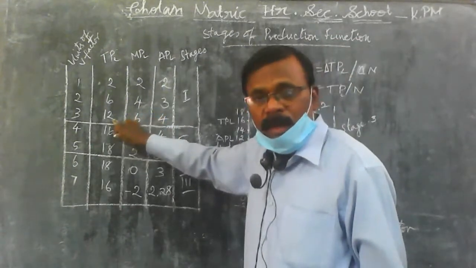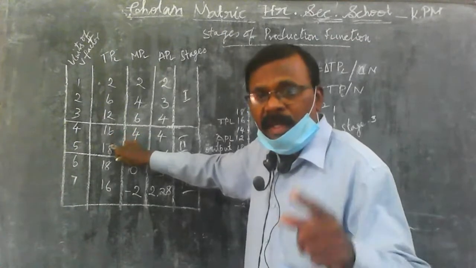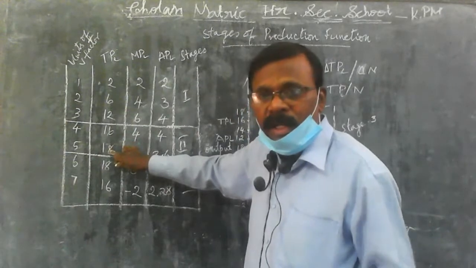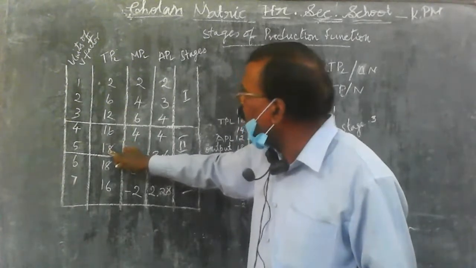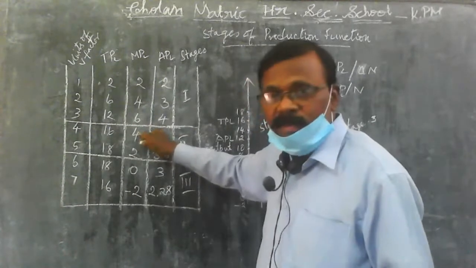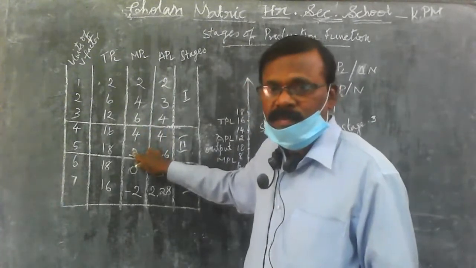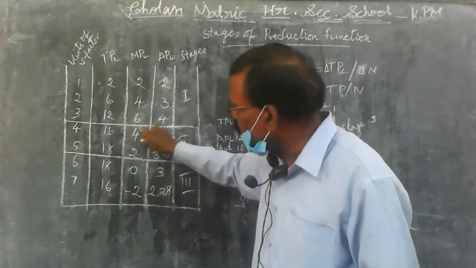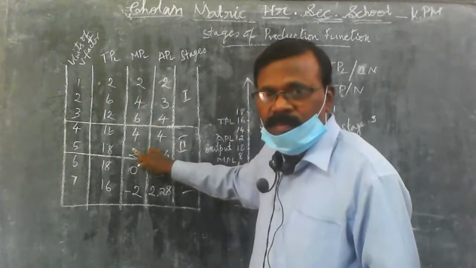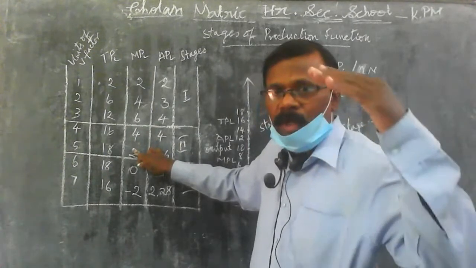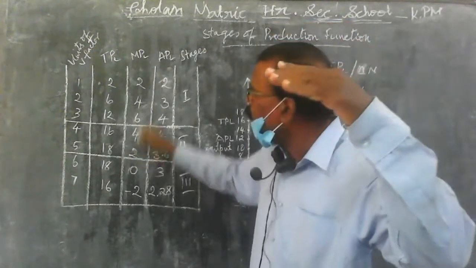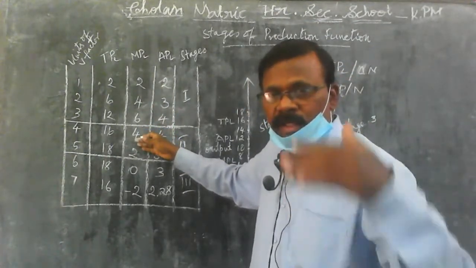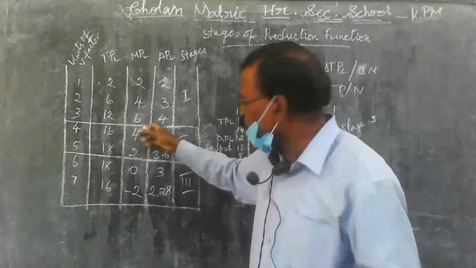Then, total product is constant at the maximum point where the marginal product starts declining. So when the total product is at the maximum, the marginal product is declining, which shows the decreasing stage.